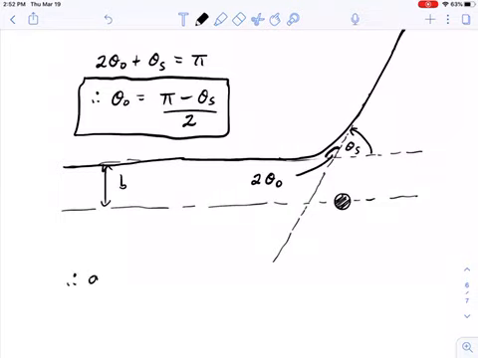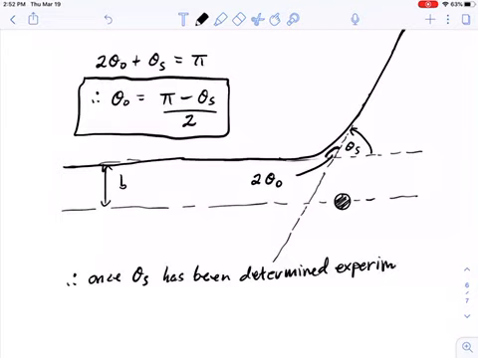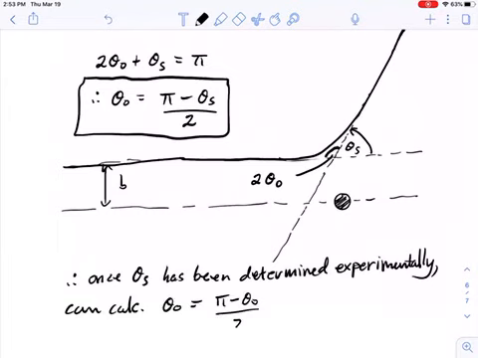So once theta s has been determined experimentally, we can calculate theta naught as (pi minus theta s) over 2.